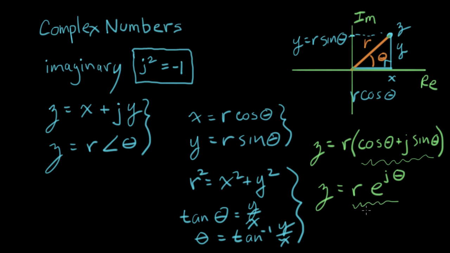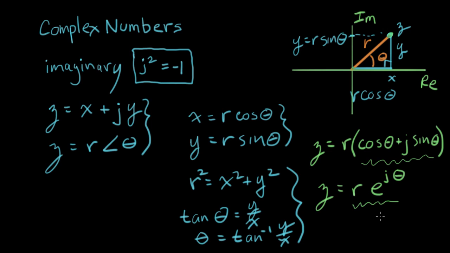It means exactly the same thing as this, and this is one of the ways we can write complex numbers. So r e to the j theta is z, a complex number sitting out at radius r from the origin at angle theta. That's what you think of when you see e to the j something written down. It's just a representation of a complex number.